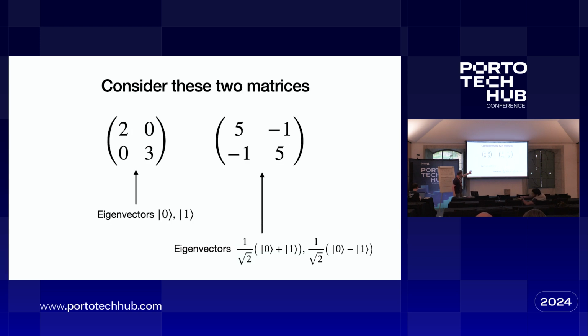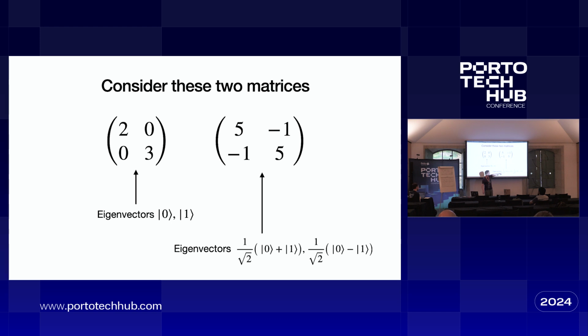Now, consider these two matrices. This one, its eigenvectors are the basis states 0, 1. That fact corresponds to the matrix being diagonal. You can check that if you like. This one, its eigenvectors are much more complicated.